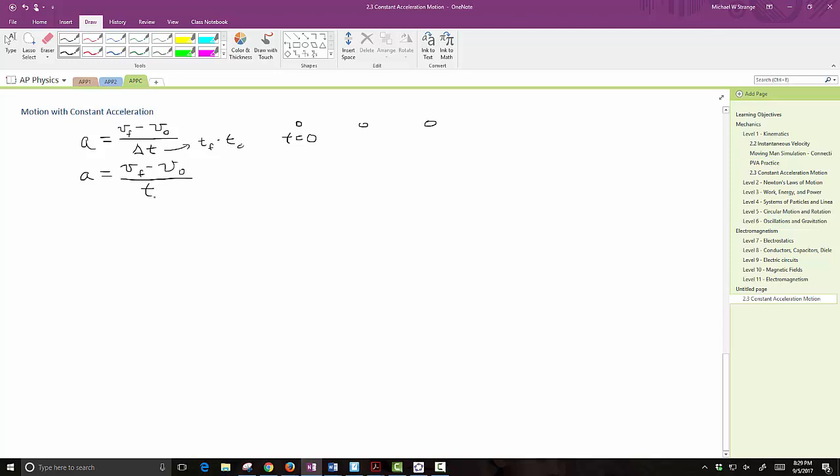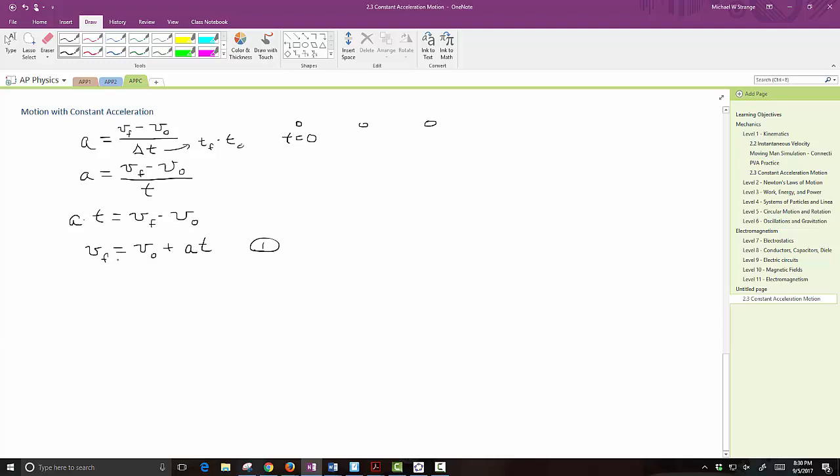And rearranging this, if I multiply this over, I get a times t is equal to v_f minus v naught, and then add this over to this side, and then I'm going to flip it all around. So I get v_f is equal to v naught plus the acceleration times time. So that's your first kinematic equation.